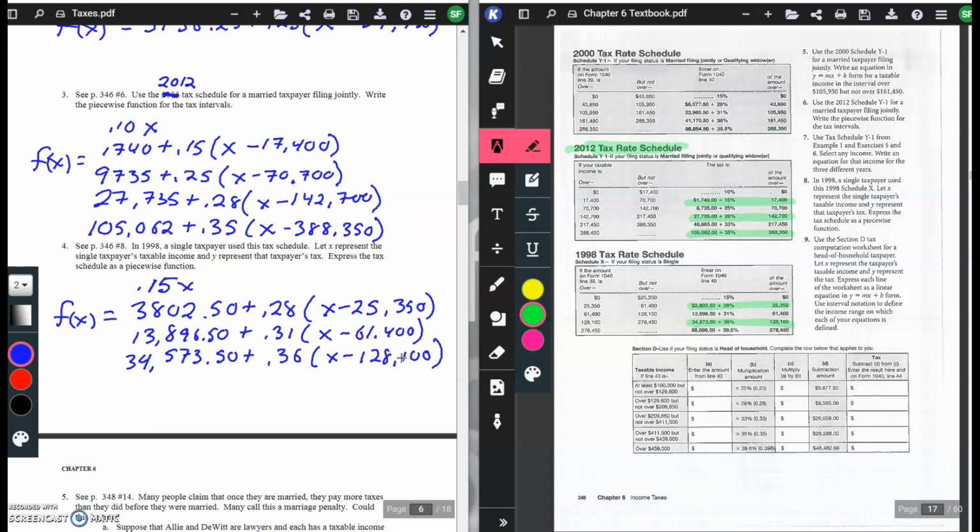And then your last one, minimum tax of $88,699.50, tax rate 39.6, so 0.396. Remember, move the decimal two to the left, of the dollar amount over 278,450. And there are your equations. We'll talk about the intervals a little bit later, but I just wanted to get the equations. That's the most important part right now.